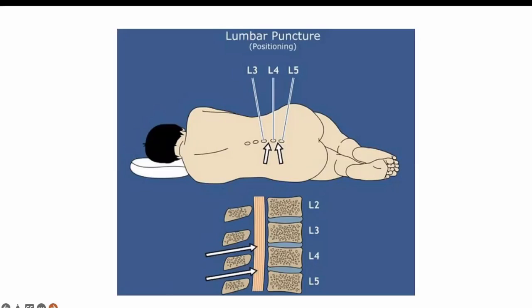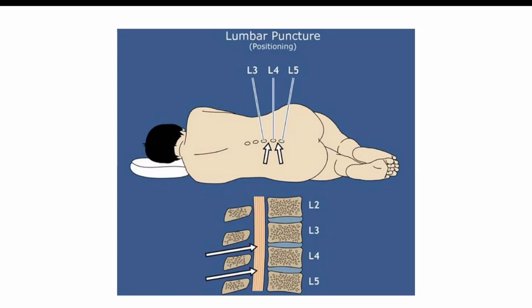and how you position the patient, in which position you will do your lumbar puncture. Between L3, L4 or L4, L5, and why is that? Where will the spinal cord end? Usually the spinal cord ends at L2, and you take your samples between L3 and L4 or L4 and L5.